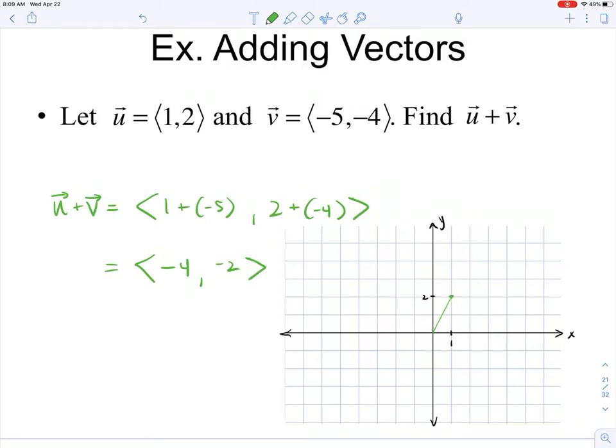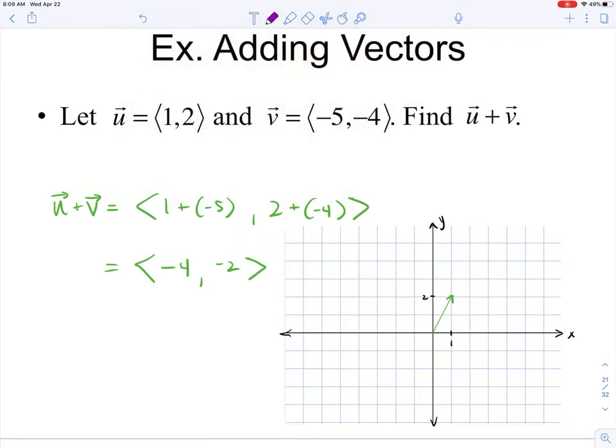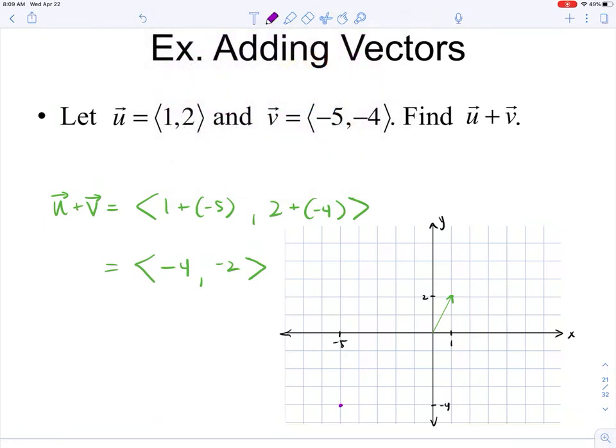Okay, so 1, 2, this would be vector u. And -5, -4 would be vector v.